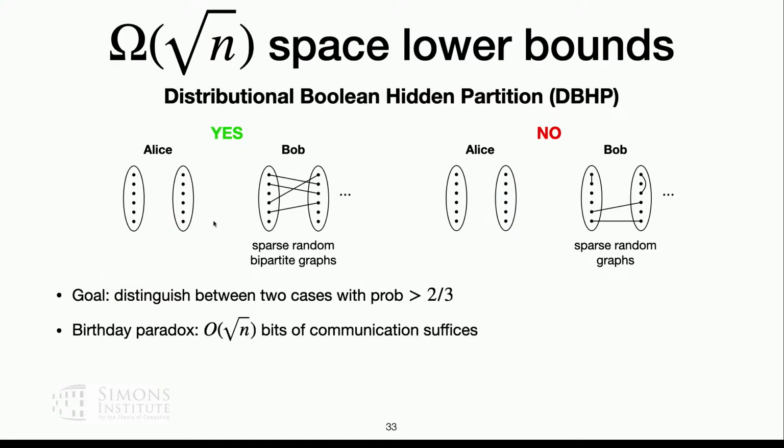Now, by the birthday paradox, you can actually solve this problem in order root n bits of communication. So the goal is that Alice has to send some bits to Bob, and then Bob has to output whether or not their inputs are in the yes case or the no case.